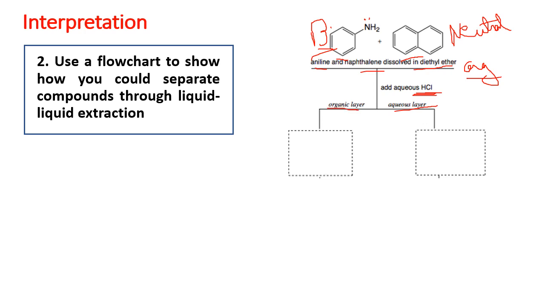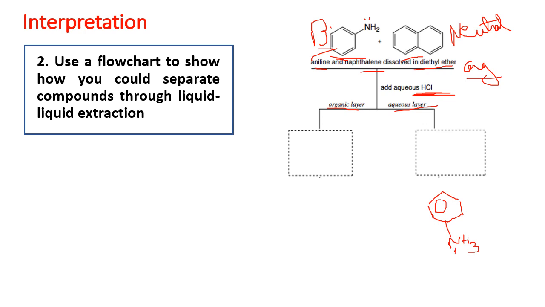So again, what will happen once you add the HCl? HCl plus the basic compound will give you the aniline salt. So you are going to draw the same structure for the aniline exactly, but instead of NH2 it will be what?